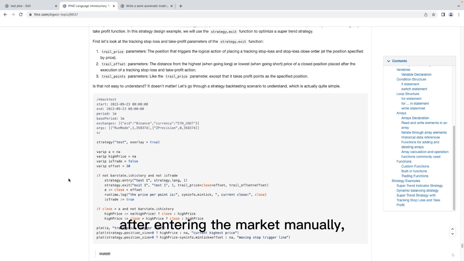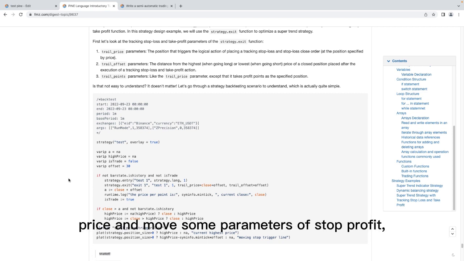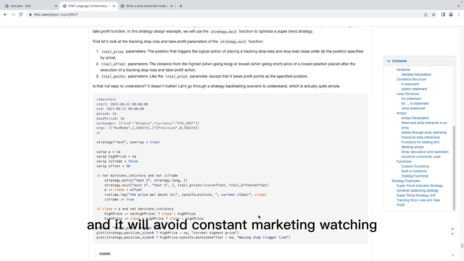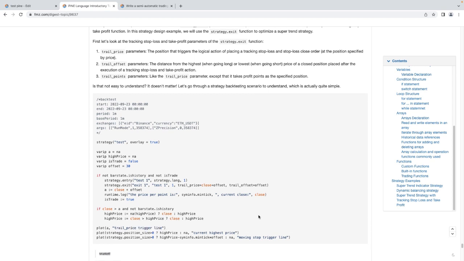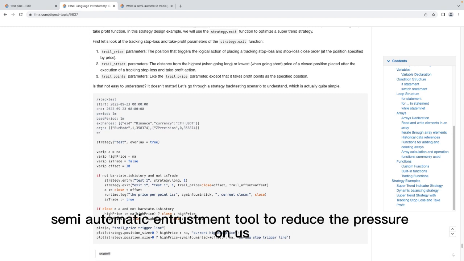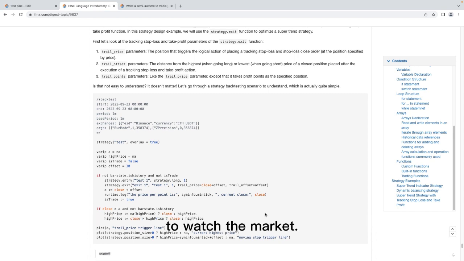That is, after entering the market manually, let the program do the subsequent operations according to the established stop-loss price and move some parameters of stop profit, and it will avoid the constant market watching after entering the market. That is, this is a semi-automatic entrustment tool to reduce the pressure on us to watch the market. Similarly, this function probably realizes according to the function strategy.exit. Of course, we can specify a price.